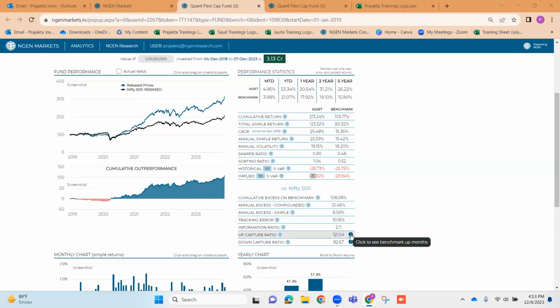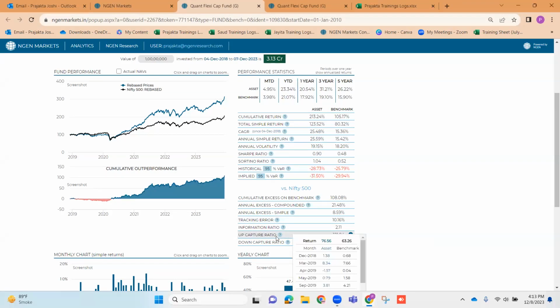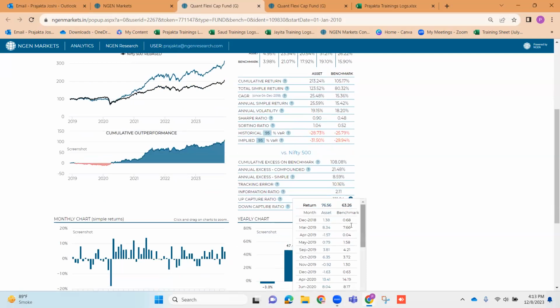The moment you click on this eye icon alongside up capture ratio, it will throw up a table, right? It will have month on month performance of the fund as well as the benchmark, right? So fund in this case is asset, right? Month on month, it will have only those months. So as you can see, after December 2018, we directly have March 2019.